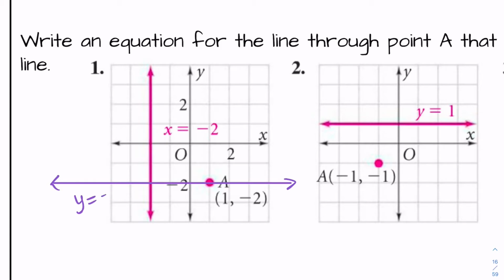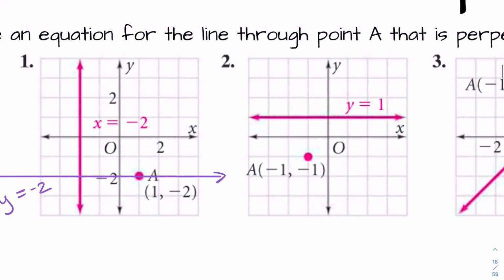The reason is because y equals -2 is a horizontal line that has a slope of 0, which is perpendicular to a vertical line that has an undefined slope, where x equals -2 is just the location where it goes through the x-axis. In this case, this is the y, and it's going through the y-axis.